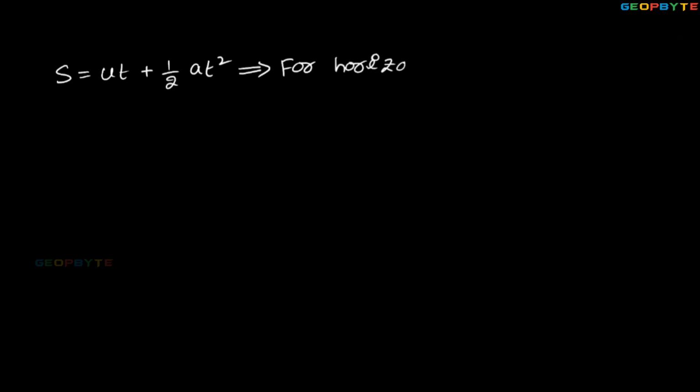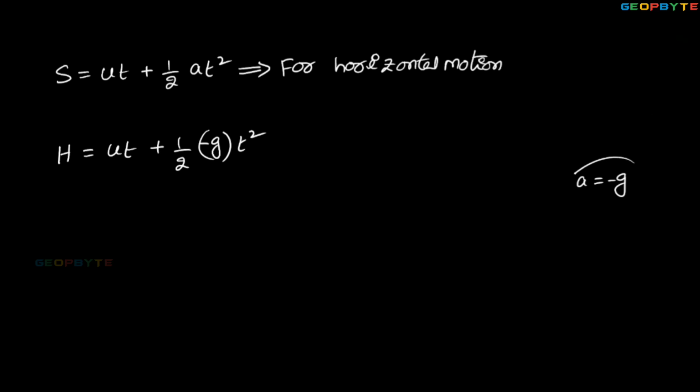But our motion is vertical motion. For vertical motion, in place of s, write h equals ut plus half into minus g t square, because for vertical upward motion a equals minus g.